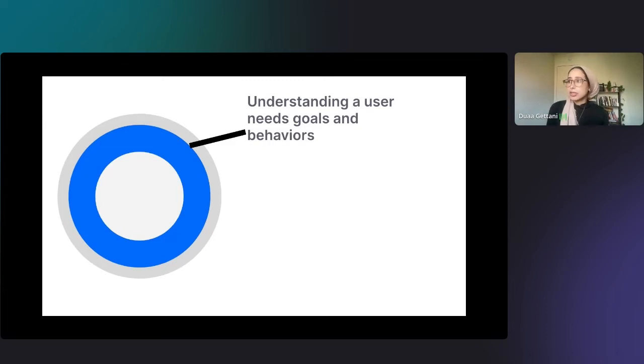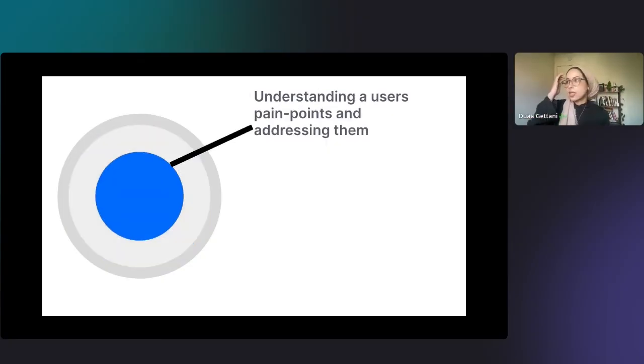Digging a little deeper, within Square, we learn where sellers' pain points are, what their goals are as a business and as small business owners. Then the crux is to understand a user's pain points and address them, building a seller-focused culture for us at Square across all functions in Square Banking. And that center, that sweet spot, is where we want to get to, to continue to build empathy.